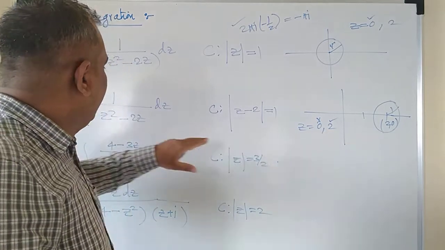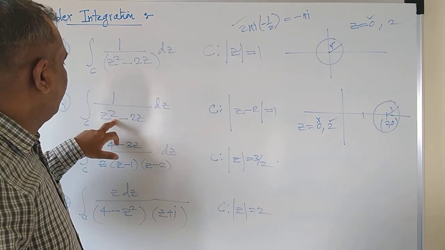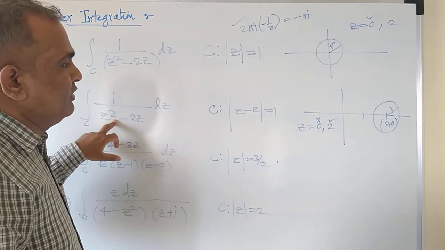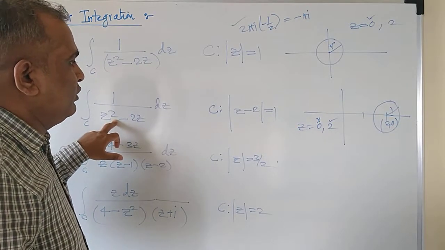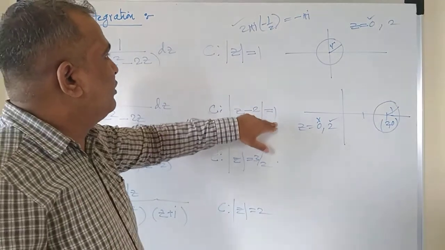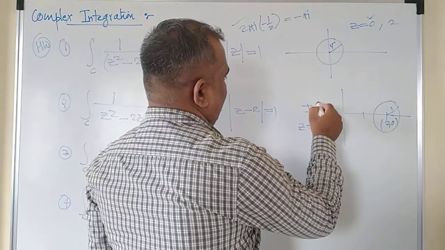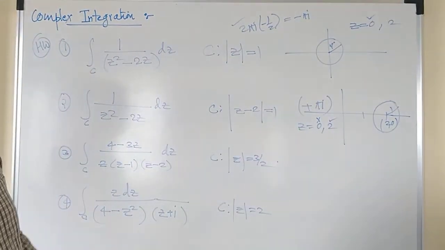So f of a will be 1 upon z divided by z minus 2, because you are putting the value z equals 2 here, no? So 1 by z will give you 1 upon 2, half. 2 pi i into half will give you the answer plus pi i. Above case you got the answer minus pi i, here you will get plus pi i.